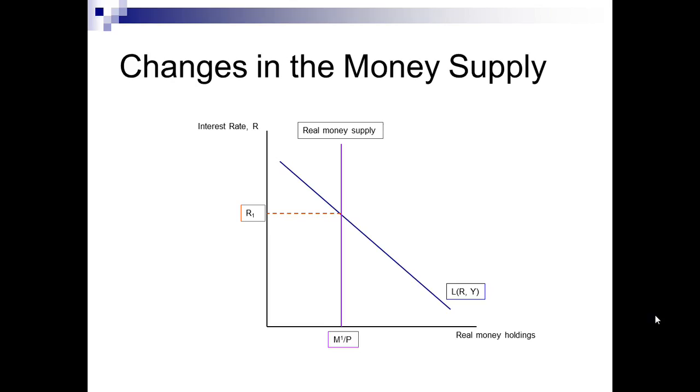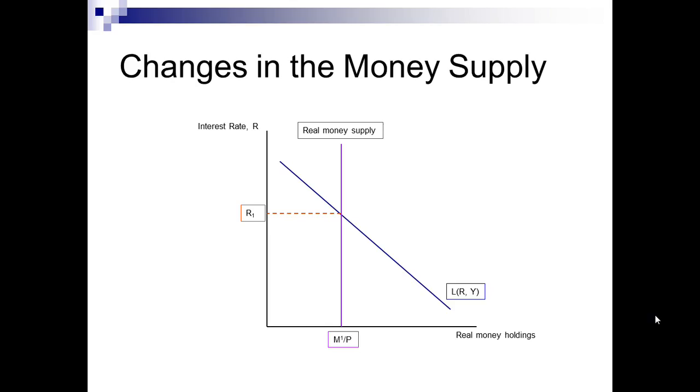If the central bank buys back those bonds, the money supply will increase. In this particular example, I want the money supply to increase. Therefore, we would expect the central bank would start buying bonds in order to increase the money supply. So how would an increase in the money supply be represented in this graph?